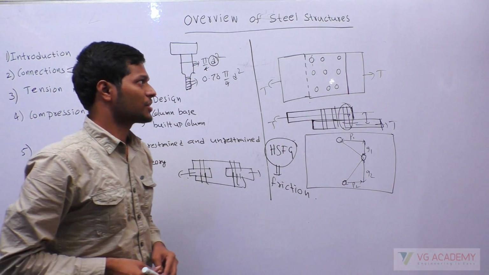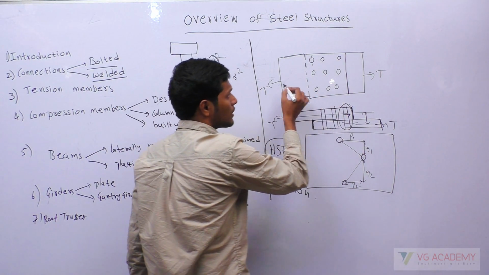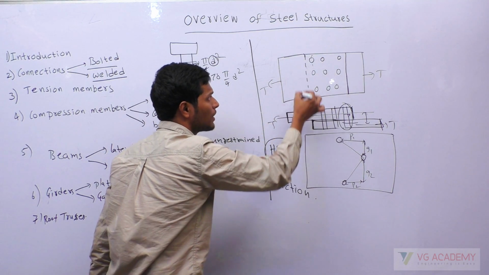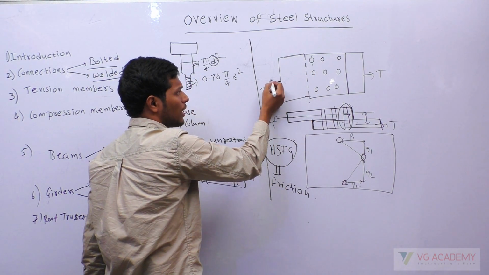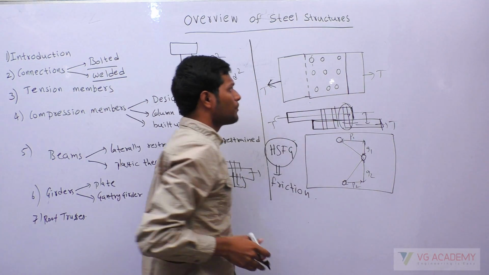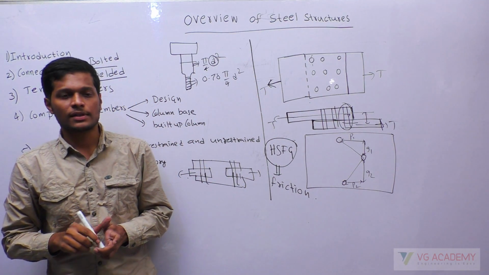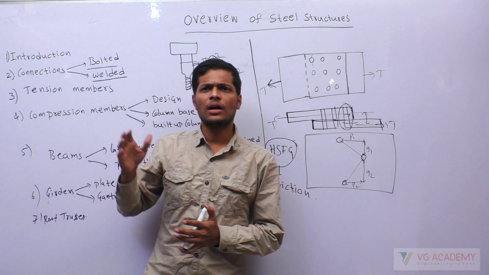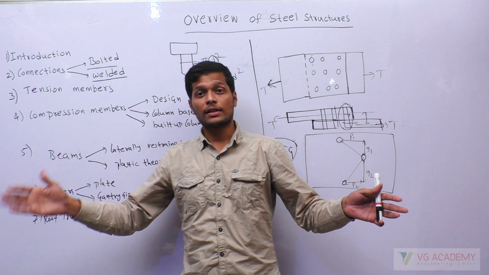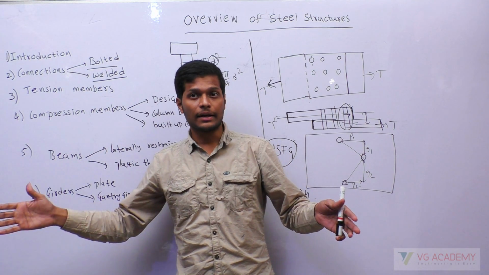When we see in the connection, here this is the length of the plate, and this is perpendicular to the length. So you will have force generally along the length of the plate in this tension member. When this is subjected to force like this, generally at the end, suppose if this is the plate, we call this as end.